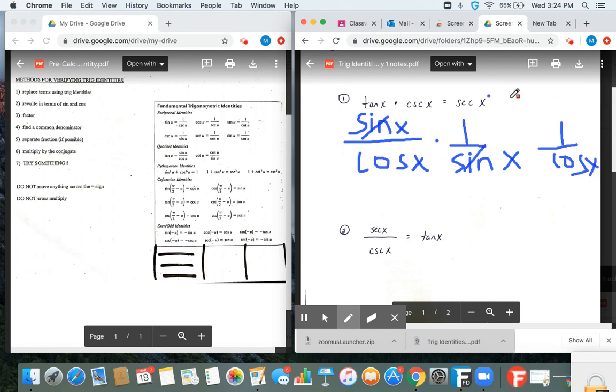So we're done. This equals that. The work you would need to show is just exactly what I have there. Just show the process of taking the left side of the equation and getting whatever was asked of you on the right side.